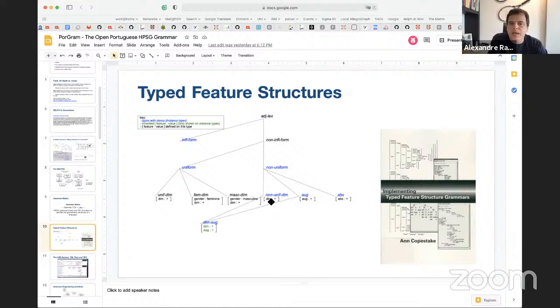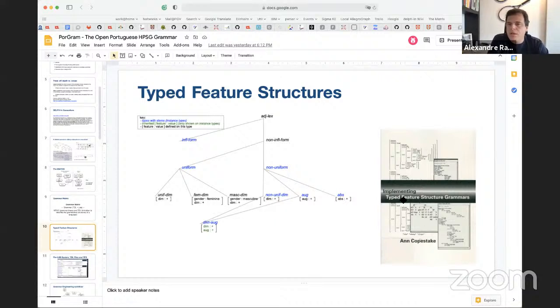From this hierarchy, at the bottom of the tree we have concrete specification of the features that are supposed to be in that particular leaf, but we also have the propagation of the information from the top that is considered unspecified in some sense. So the further up the tree you go, the more unspecified information you have, which you later specialize for specific situations. And this shows how good it is to model the lexicon of the language.